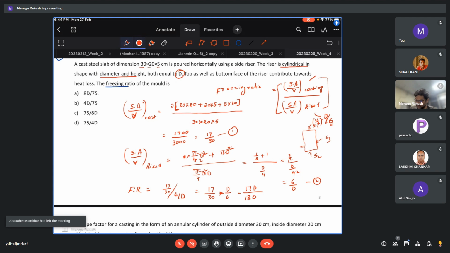So we got 17d by 180. So straight away we can cancel out C and D options. Then we are left with only A and B.